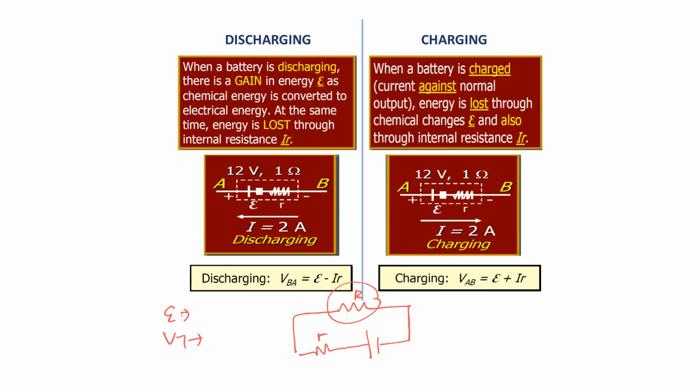So you have internal resistance here, and potential difference here. Now if you connect to the circuit, the current flow is the conventional one, moving from positive to negative.